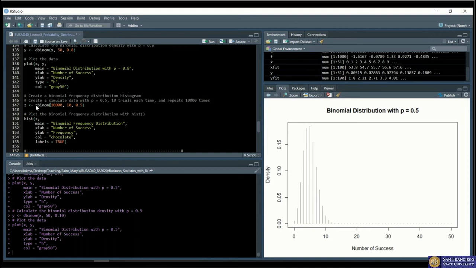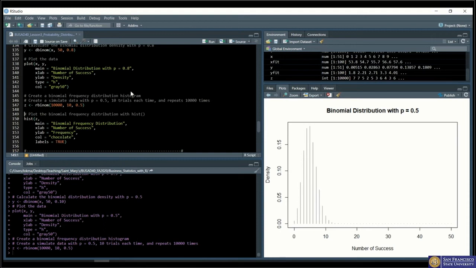We can use our binomial function to create simulated, random data. We want to create, in this case, 10,000 data points that follow a binomial distribution, with 10 trials each time and 0.5 success rate. So I'm going to create this.